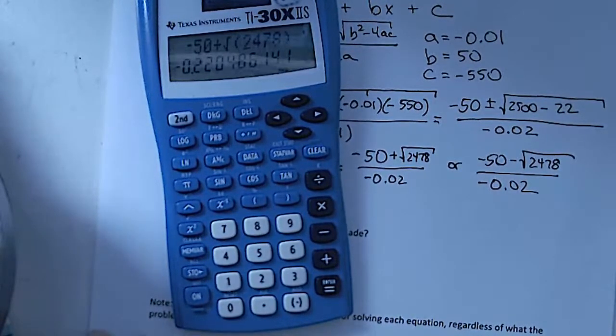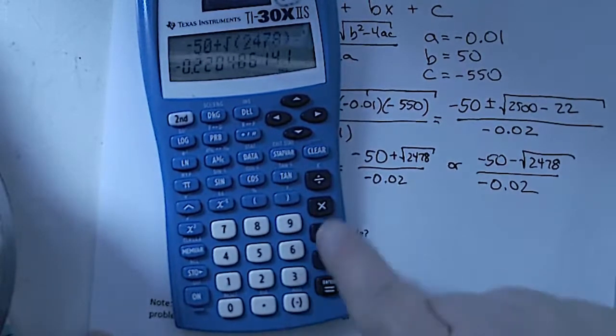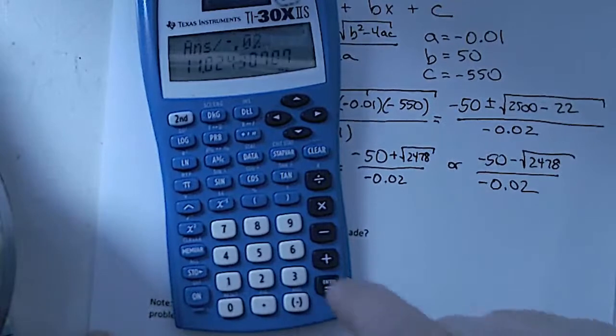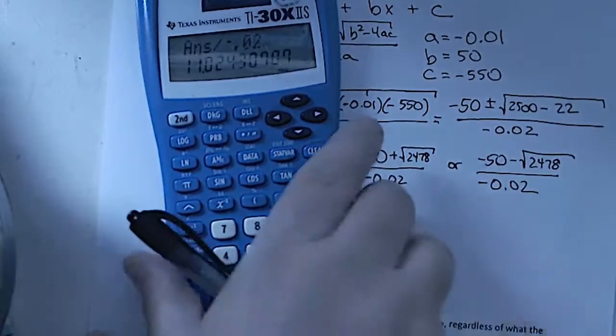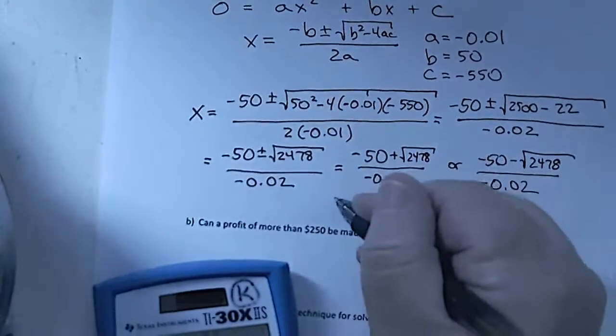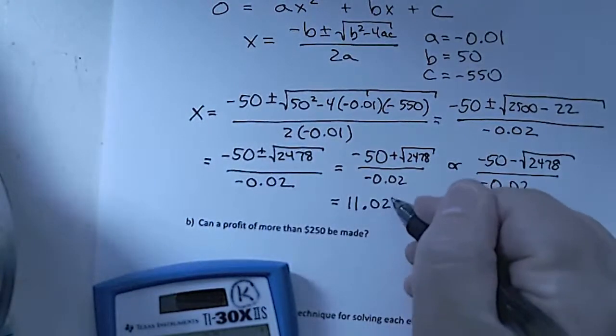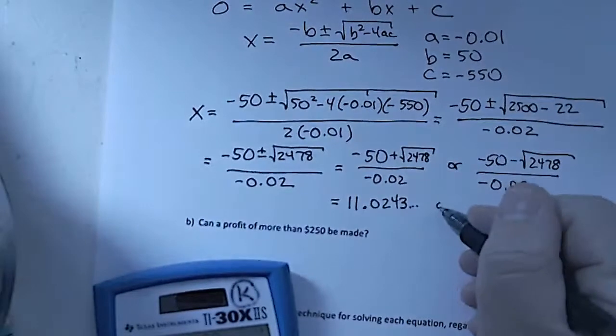Funny thing is, with the lights off, I can't see it. And then that's the numerator, and I'm going to divide by negative 0.02 and get the answer. And I get, let's see, I'm going to write it down here so I can copy it down, 0243 and some other numbers.